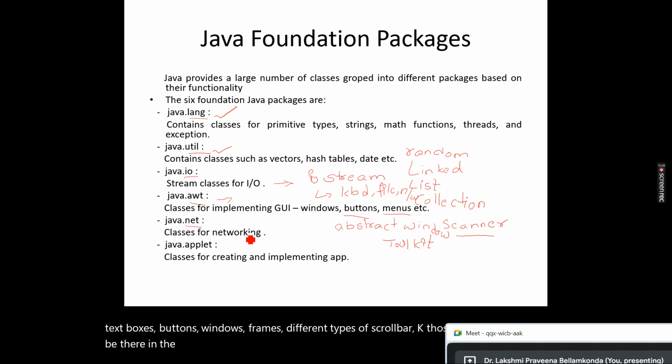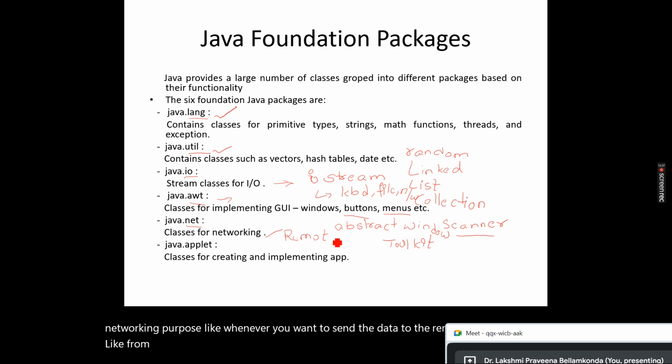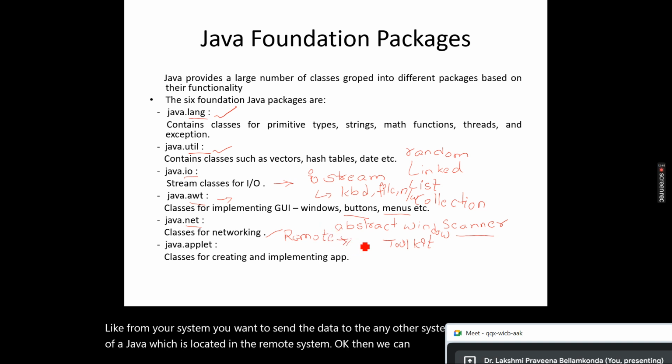Another one is the net package, which we use especially for networking purposes, like whenever you want to send data to remote systems, like from your system you want to send the data to any other system or any other Java program located in a remote system. Then we can use the net package.